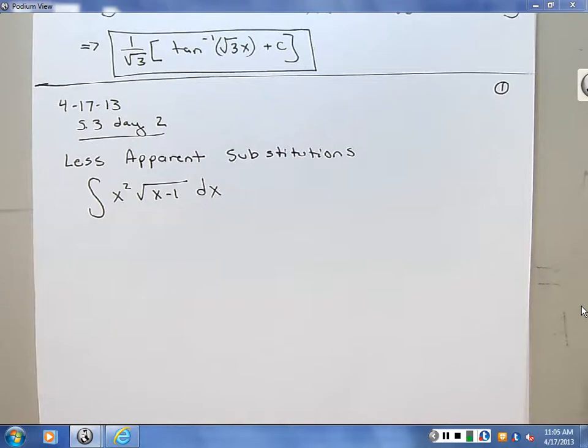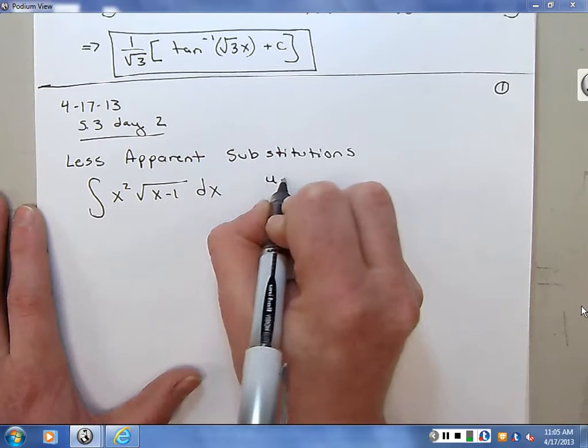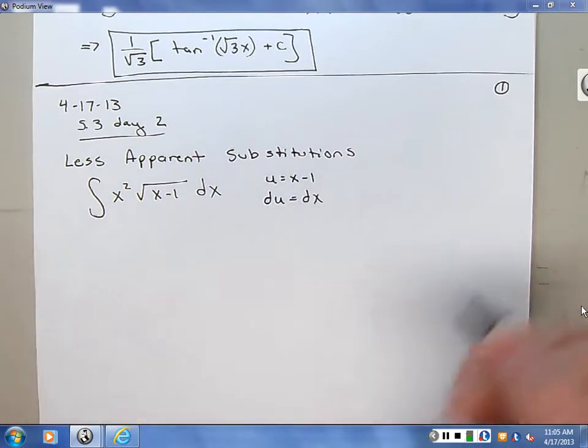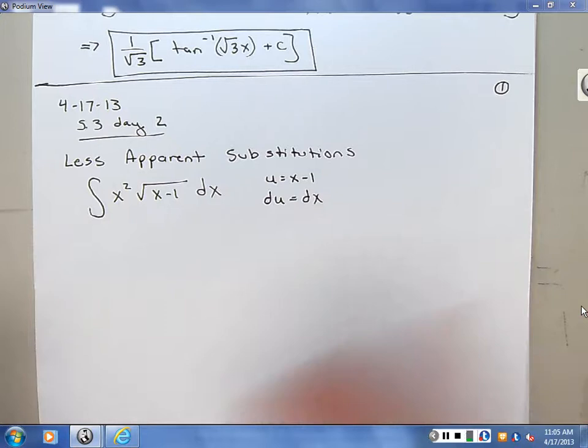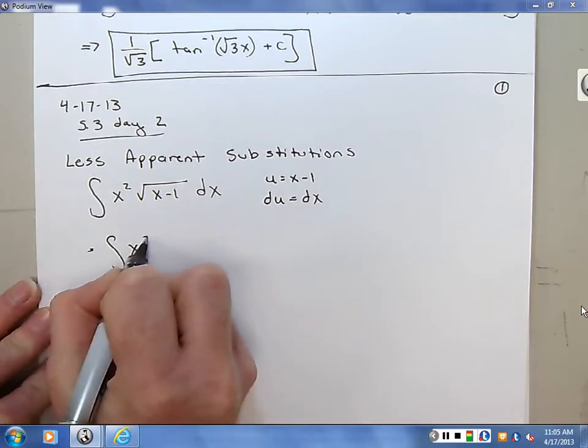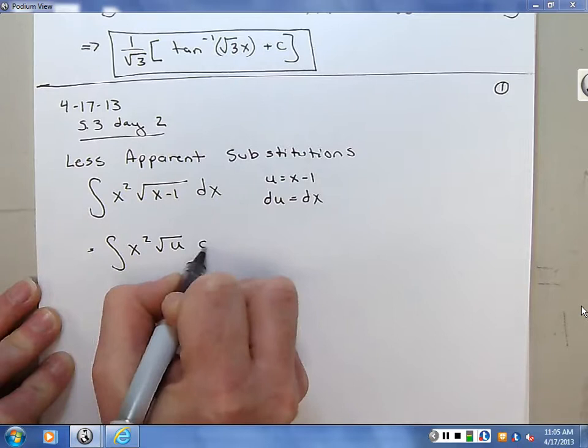I have two choices for my u. What would you pick to be u? x minus 1. So if I let u equal x minus 1, then du is dx. We like when du is dx because we can just plug that in. But if I do, I would have x squared, the square root of u, du.